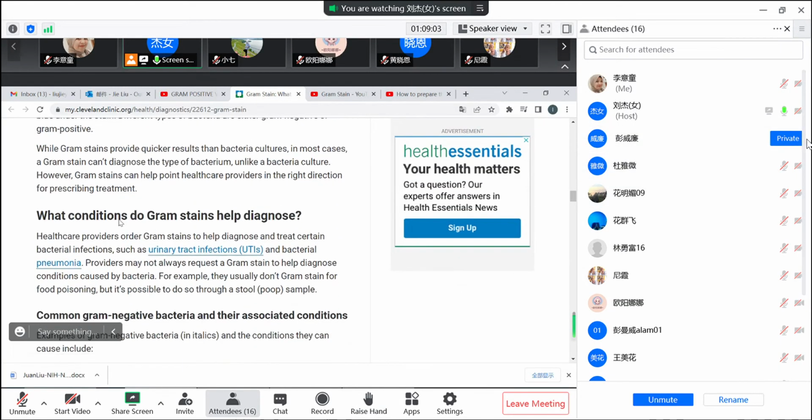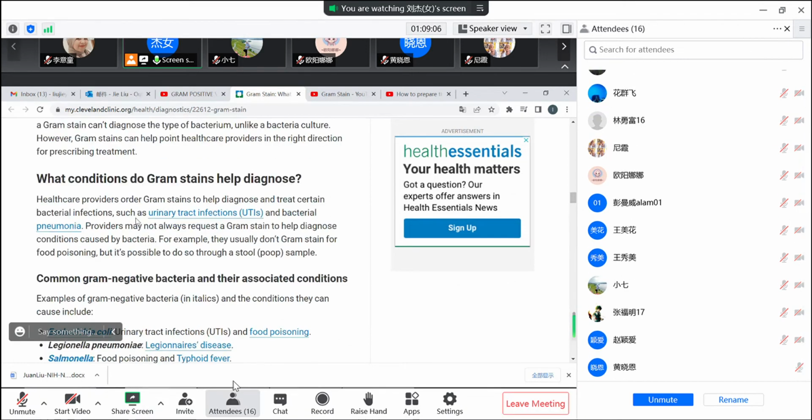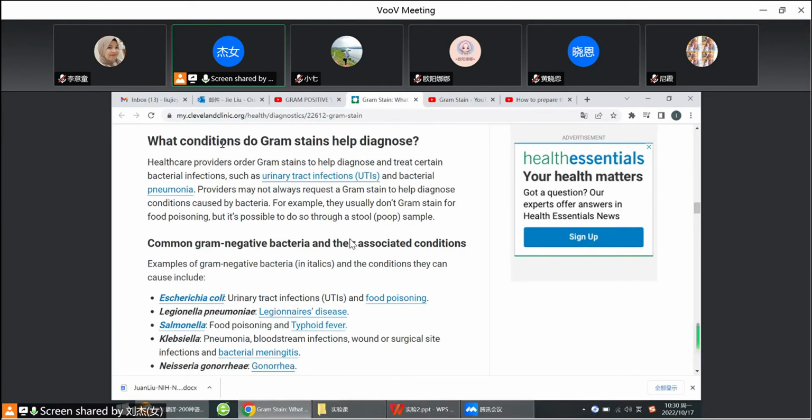And then here I just want to show this one. What conditions do gram stains help diagnose? So when you go to the hospital, if you have some infection, and the doctor wants to decide if this infection is caused by bacteria or by viruses, maybe they will do a simple gram stain, and they need to collect the sample.